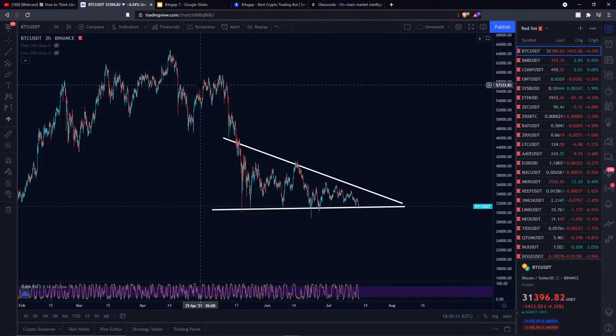So the on-chain data indicates that there is a period of strong accumulation right now, and typically that means that the price should go higher eventually after the period of sideways market ends, right?